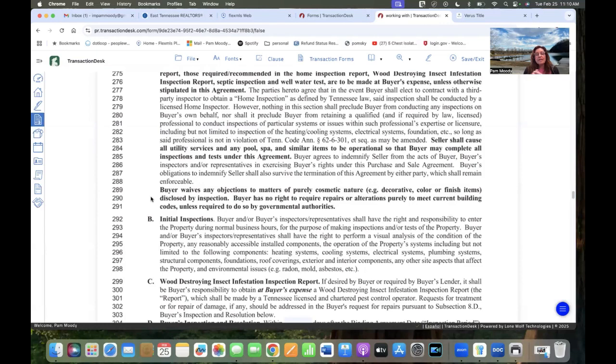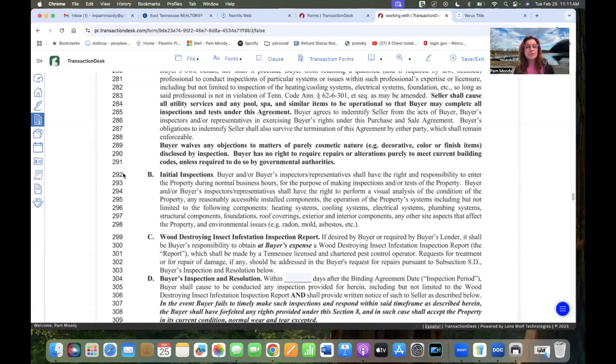We cannot require them to bring it up to a certain standard, unless somewhere in here we make that agreement and they sign it. As far as the inspections go, we can't do that. I know that's confusing, so feel free to contact me and we can go into it further.